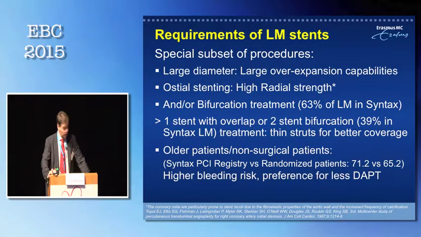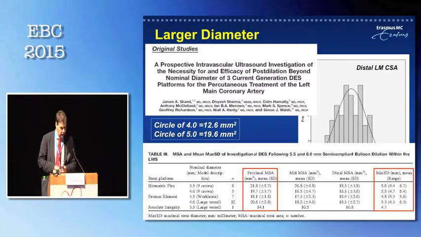So the requirements for a left main stent are going to mix with the requirements for a bifurcation stent. But even the left main stents, I think they have a special subset of procedures. Talk about the large diameters, and especially the large overexpansion capabilities are necessary. If your proximal LAD is 3.5, you might want to go up to 4.5 or even higher in the left main area.